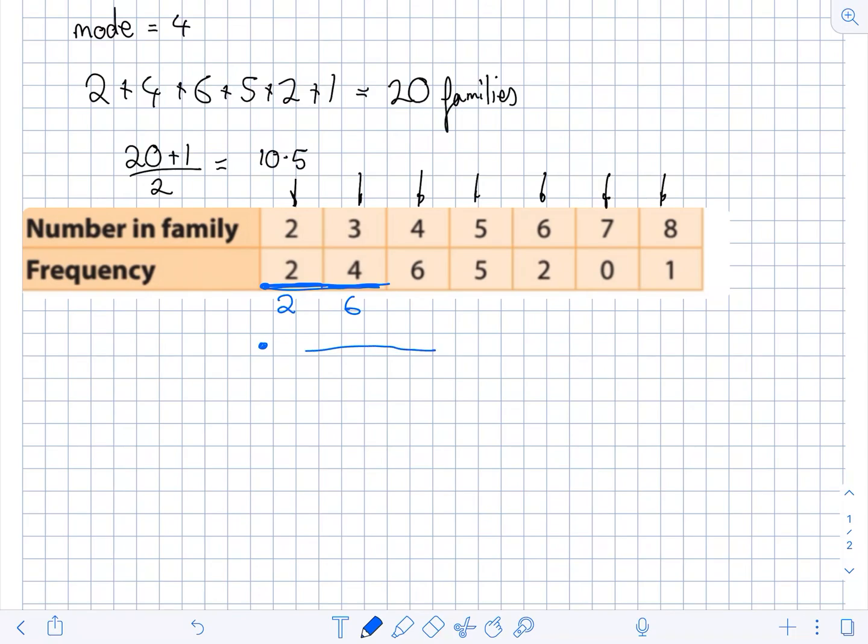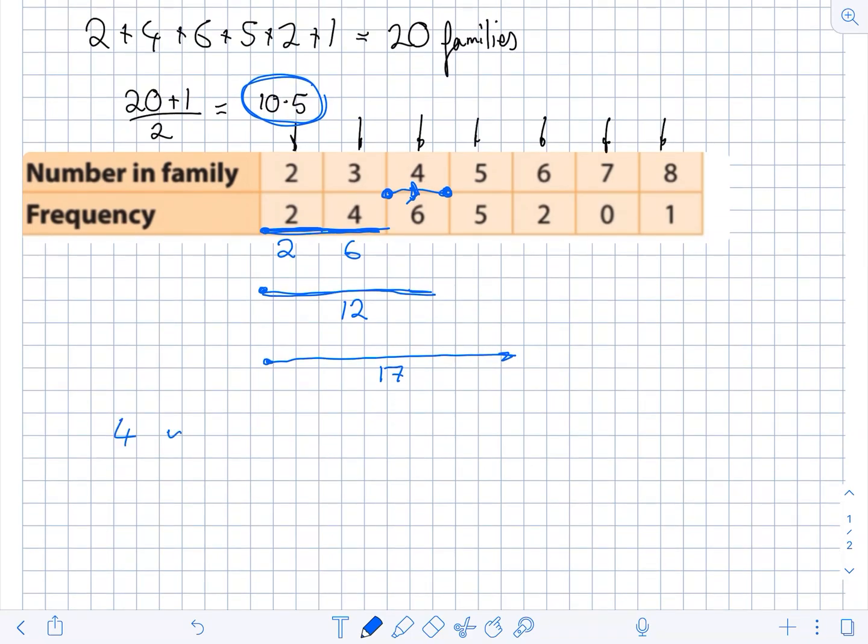To go from here all the way over to here, we must pass through 12 families. To go from here all the way over to here, we must pass through 17 families. And we're looking for, when do we pass the 10.5 family? Well, we pass the 10.5 family when we go from here to here. So when we jump from here to here, we're passing the 10.5 family. So 4 is the median.